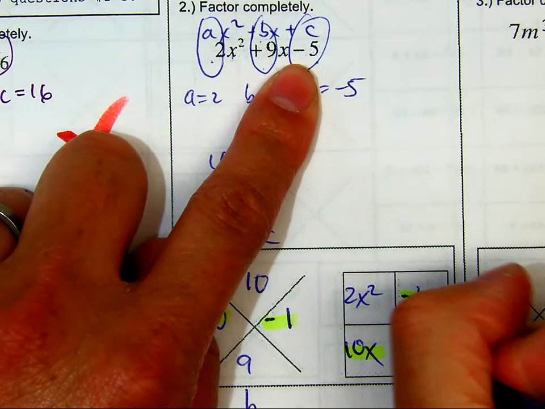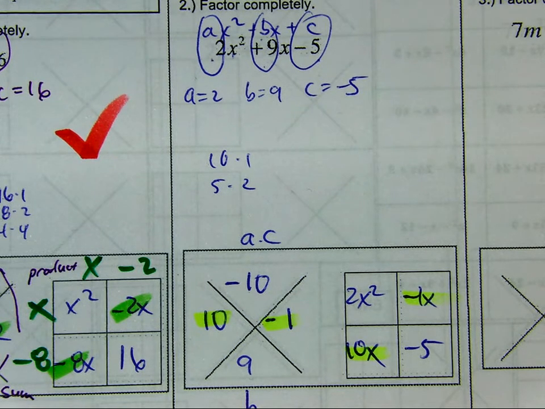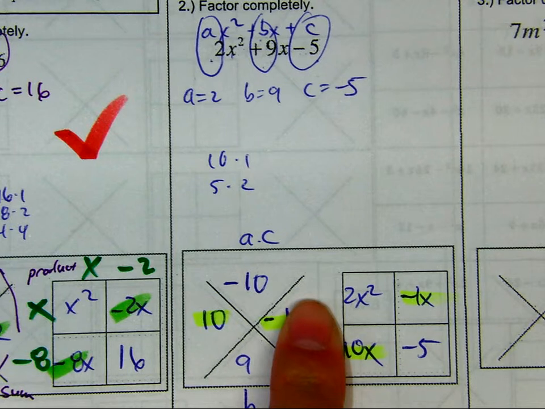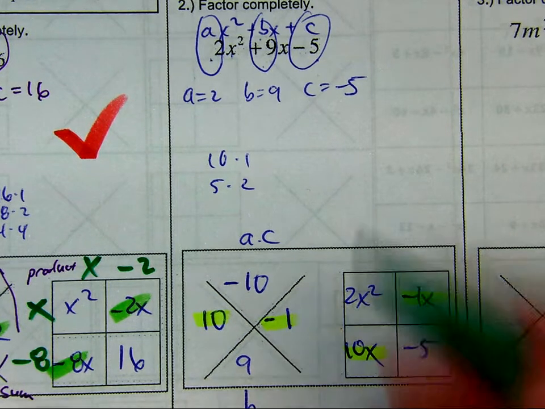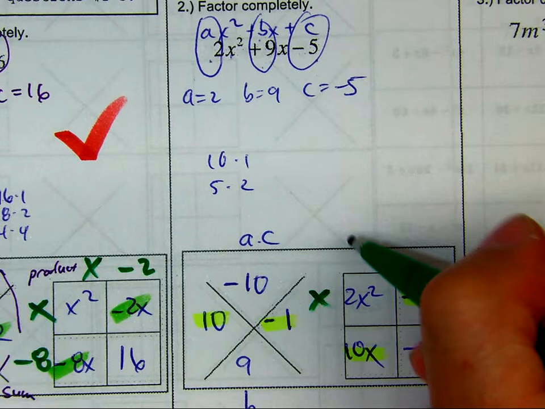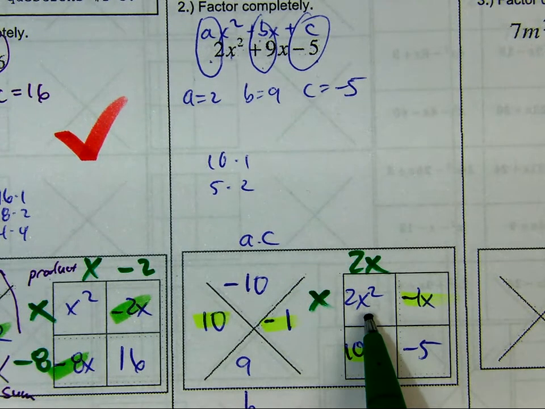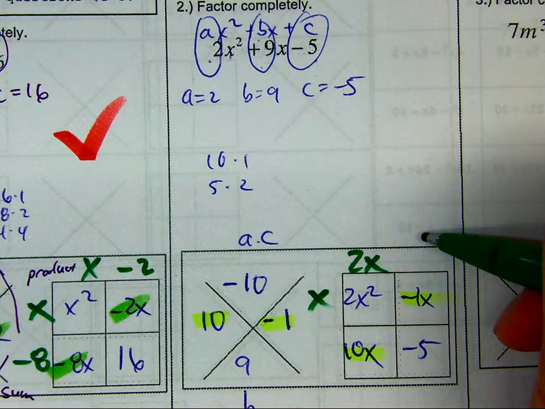Let's find the greatest common factor. Class, what's the greatest common factor going in this direction? What's the greatest common factor going in this direction? 2x. So x times 2x is 2x squared. What's the greatest common factor this direction?